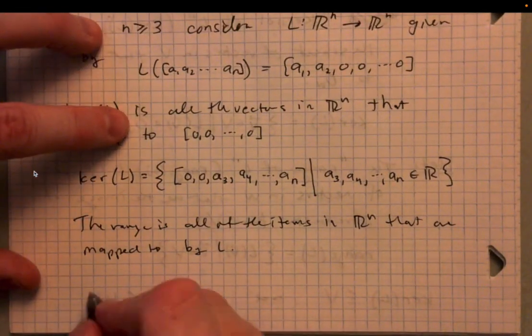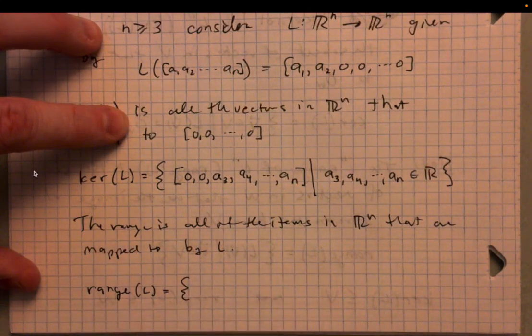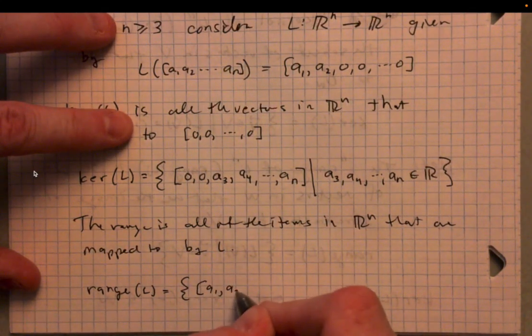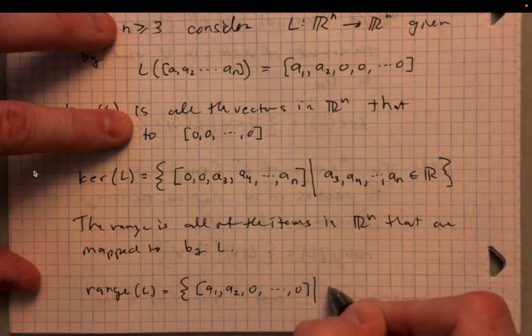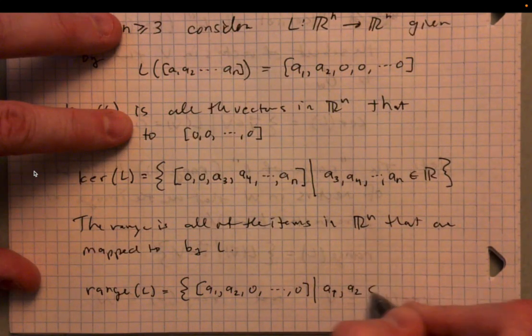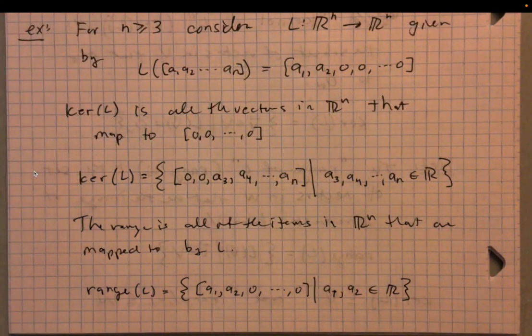So what's a way to write that? We could say the range of L is equal to all the vectors of the form a1, a2, 0, ..., 0. The only thing to worry about is a1 and a2. So a1 and a2 are real numbers, but everything else in the vector is 0. Okay, perfect. So that's our first example.